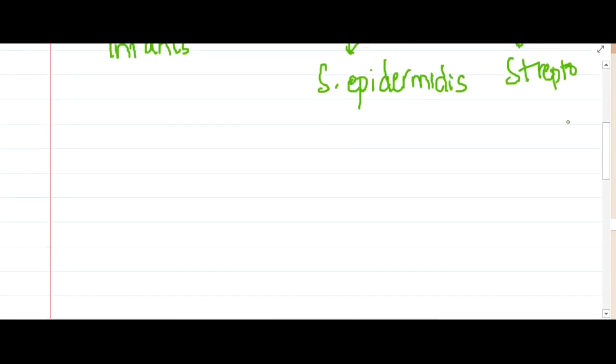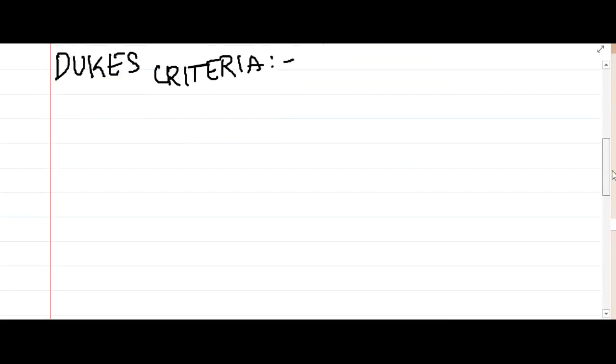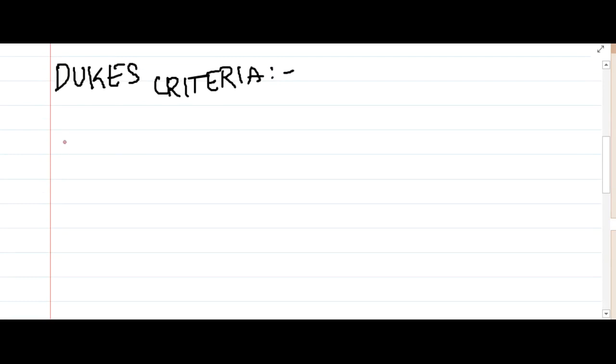One important thing in infective endocarditis is a criteria called Duke's criteria. In Duke's criteria, we have the major criteria and the minor criteria. First, we will see the major criteria.